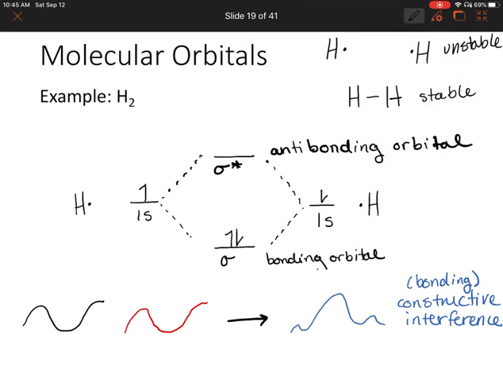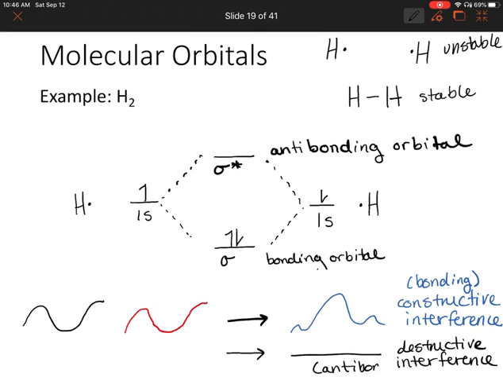But these waves could also overlap destructively, and then we have nothing as a result. And this would be the anti-bonding situation. So that's just a little bit of review on electrons and their wave-like behavior and kind of where these molecular orbitals are coming from.